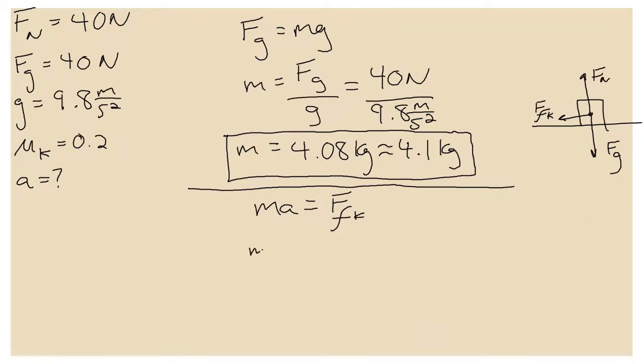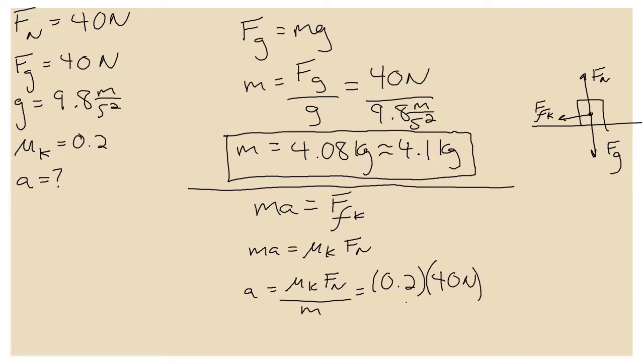And so we can expand this out by saying ma is equal to the coefficient of kinetic friction times the normal force. That means the acceleration here is just going to be mu times the normal force over the mass. Plugging in our numbers, we have 0.2 times the normal force of 40 newtons over the mass, which is 4.1 kilograms.